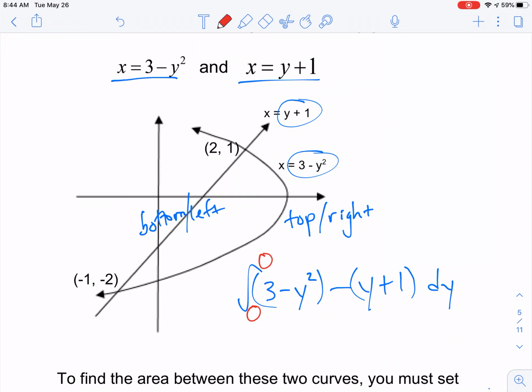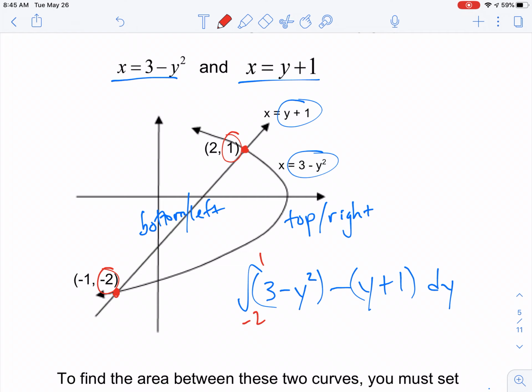So instead of left to right, we're going to look at our units from bottom to top. So these 2 points where these curves cross, the units that go as our boundaries are going to be -2 to +1, the low to high.